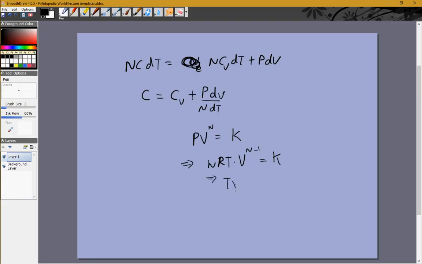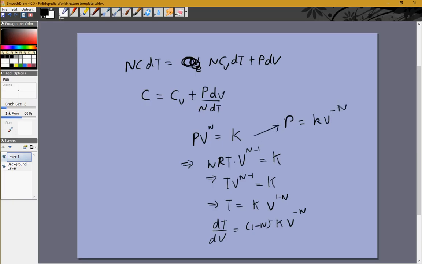This gives me TV to the power n minus 1 is equal to K, or T is equal to K V to the power 1 minus n. Now you can get dT by dV from here. That will be 1 minus n K V to the power minus n. So this is dT by dV. What is pressure? P is equal to K V to the power minus n from this equation.